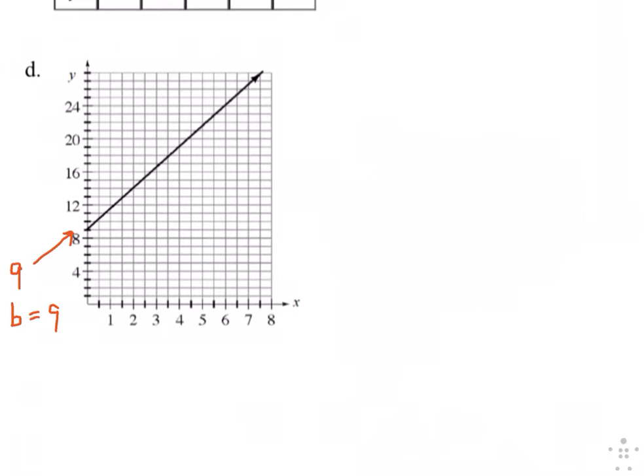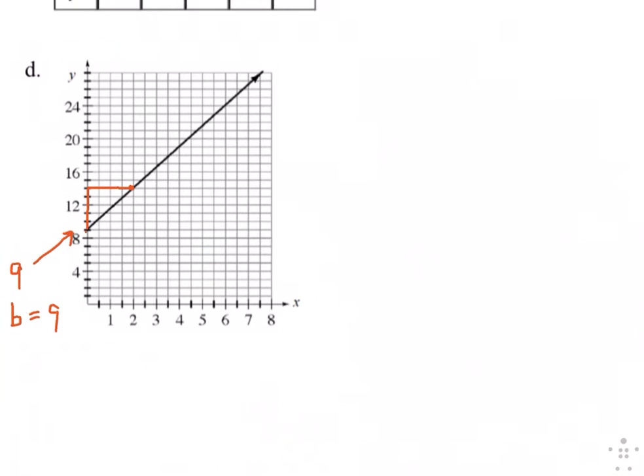Now the slope, we can do it a couple of ways, right? We could draw a slope triangle. From 0 to 1, that doesn't look like a nice point. This one clearly looks like it goes right through the point there. So that's at 2, right? So let's put our slope triangle here.